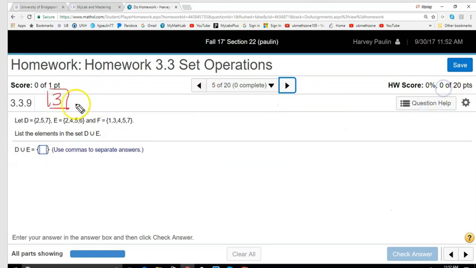Now, for these, we need a scenario, a protocol, a modus operandi to do it. First of all, what are they asking?